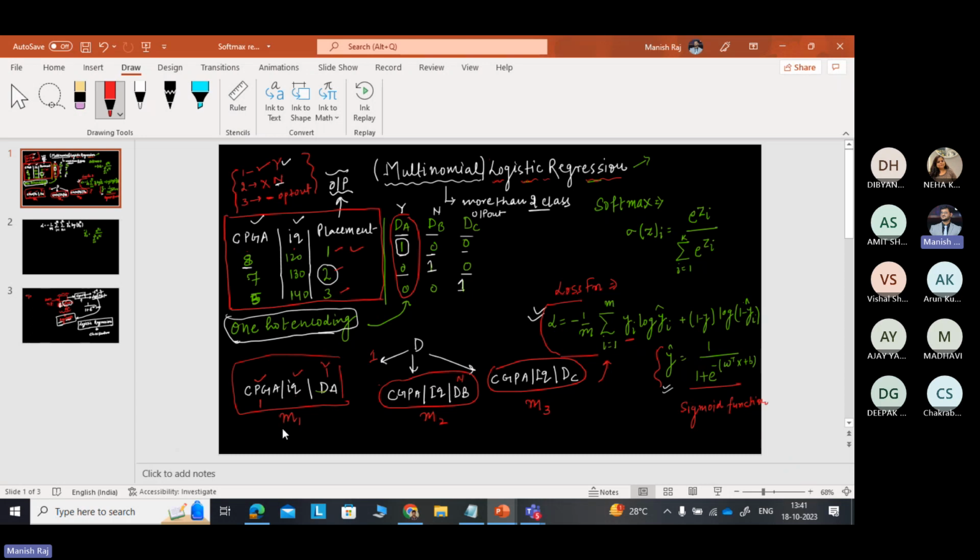So three classes, three datasets are ready. You can call them M1, M2, and M3.